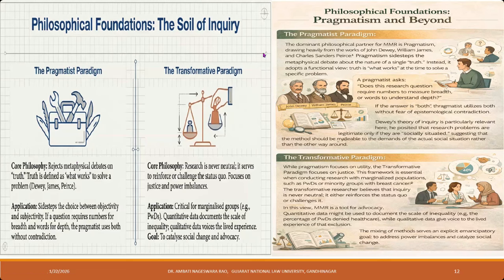When I talk about the transformative paradigm, here I'll take certain frameworks through which I want to bring some kind of change. It can be social justice, the capability approach, a human rights framework, feminist, ecofeminism. Some framework will guide how I should conduct research as part of this transformative paradigm.